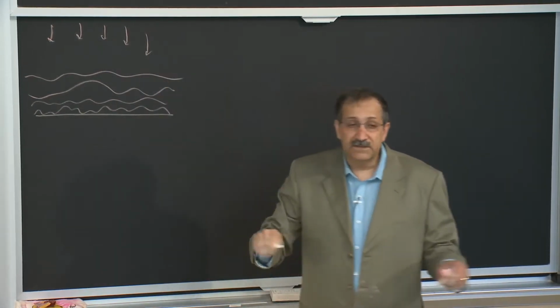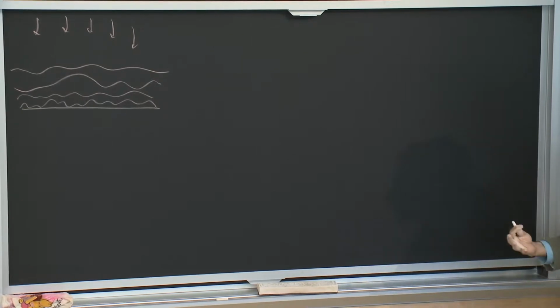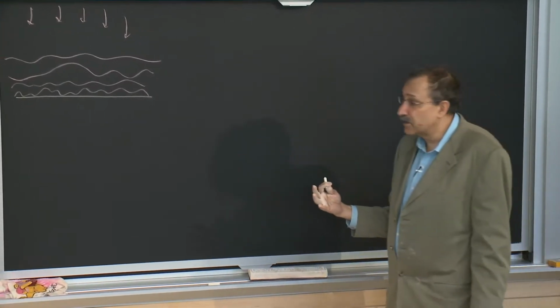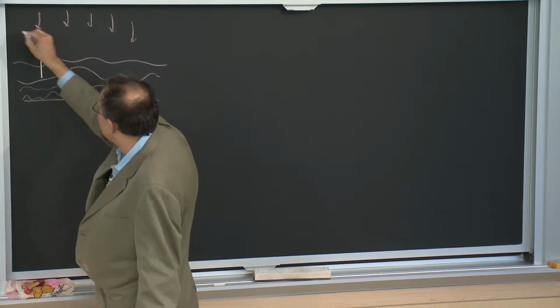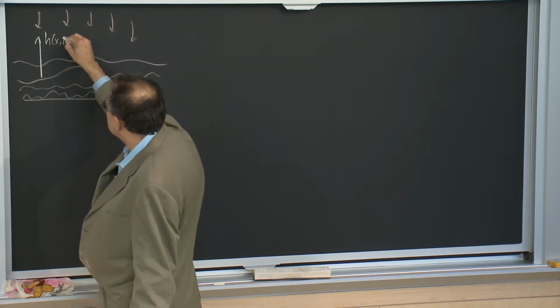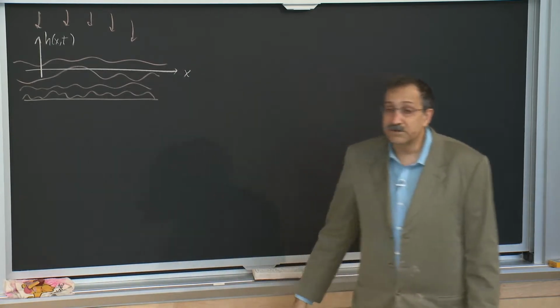So because the particles are raining down randomly at different points, there will be a stochastic process that is going on. So you can still try to characterize the system in terms of a height that changes as a function of t and as a function of position.